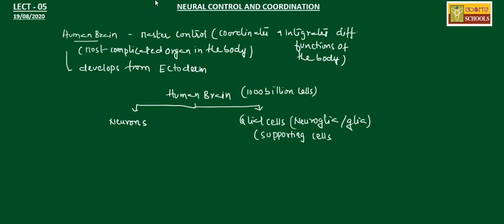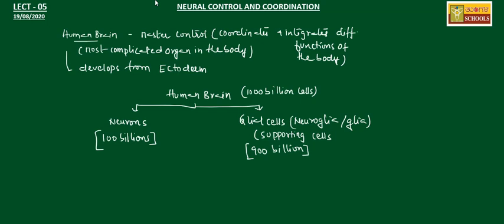So suppose approximately 1000 billion cells are present. Out of that, only 100 billion will be neurons. The rest of the cells, that is 900 billion, will be glial cells. So the glial cells are much more in number when compared to the neurons in the human brain.